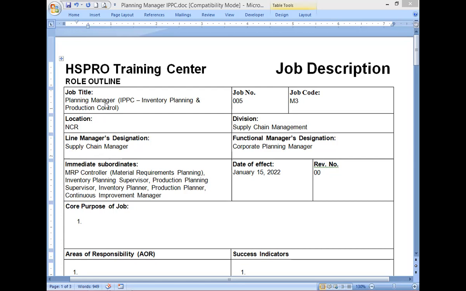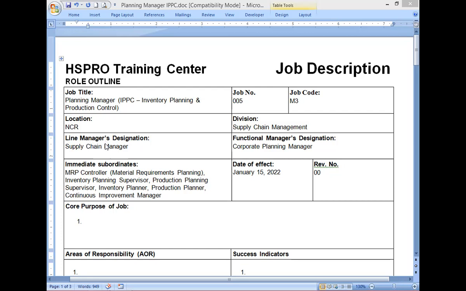So this position, planning manager, usually reports to a kind of senior planning manager, just like this one, corporate planning manager. But since you're talking about the supply chain management, which is based on one, two, or three SBUs, it's just appropriate that this job should report to the supply chain manager.